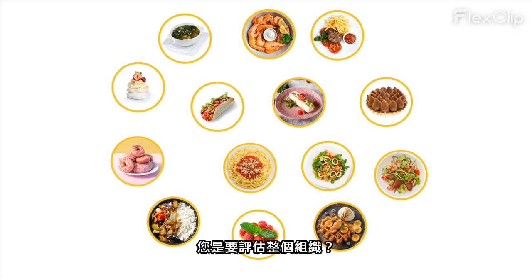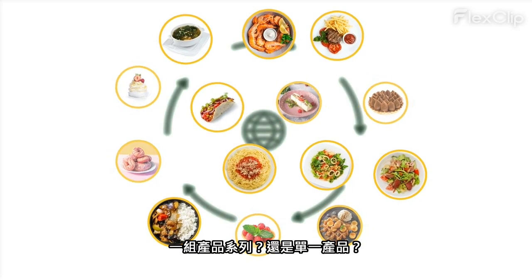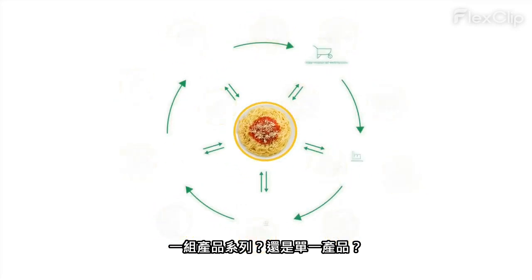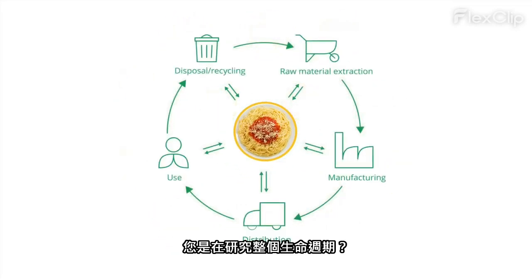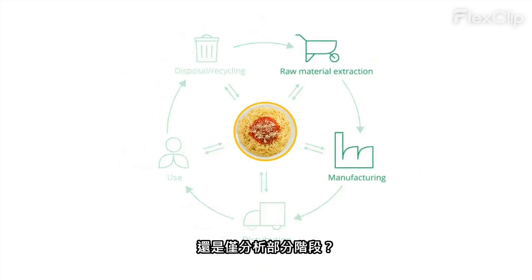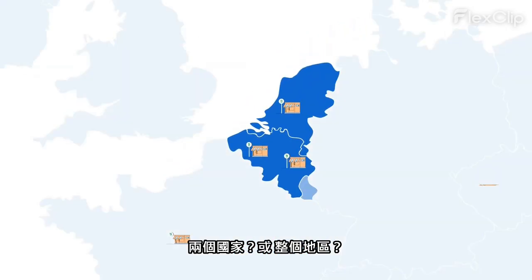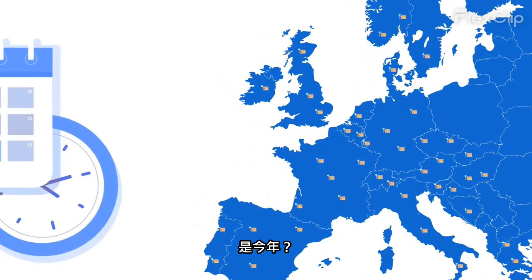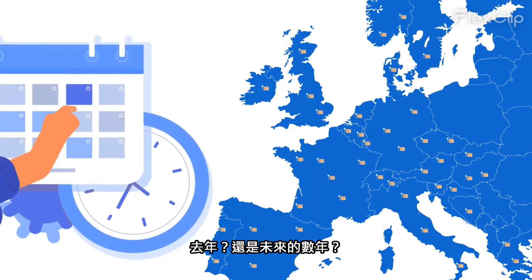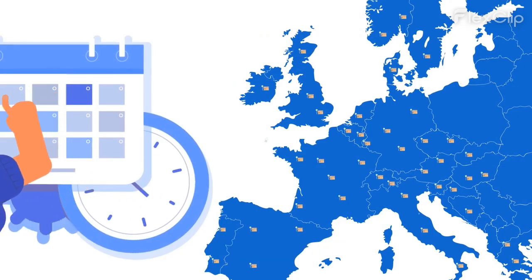Are you assessing the entire organization, a product group, or an individual product? Are you studying the complete life cycle or part of it? And what is the geographical and temporal scope? One country, 2 countries, or whole regions? And this year, last year's, or the years to come?